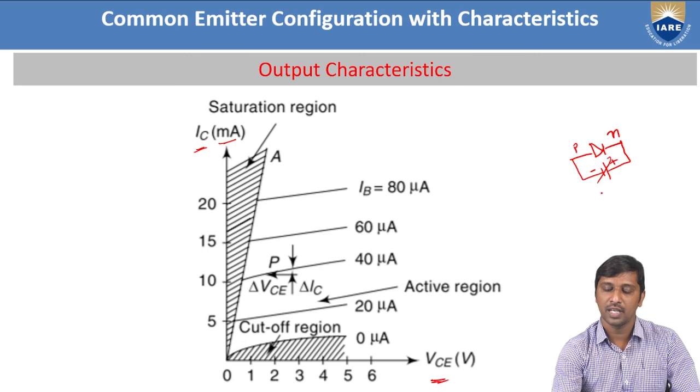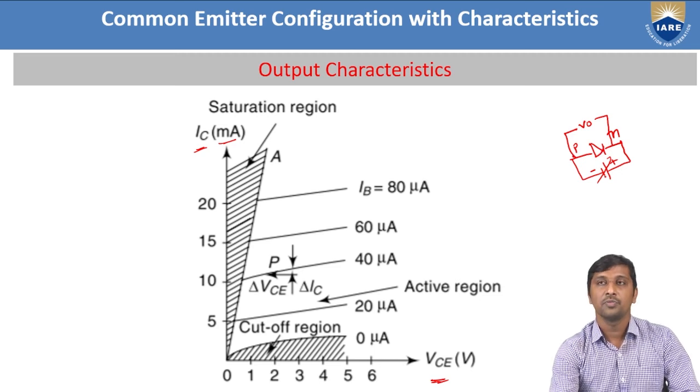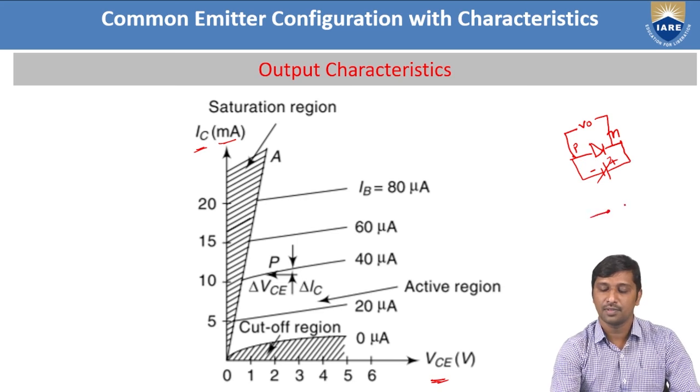Across this PN junction diode we take the output voltage V0. When the PN diode is reverse biased, it does not allow conduction, so it acts as an open circuit. Hence this PN diode is replaced with an open circuit.